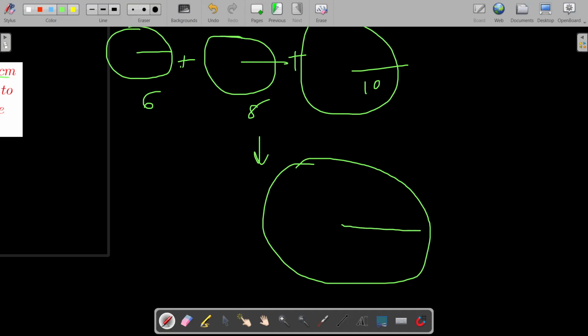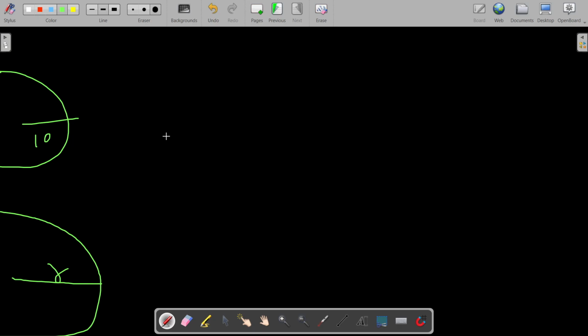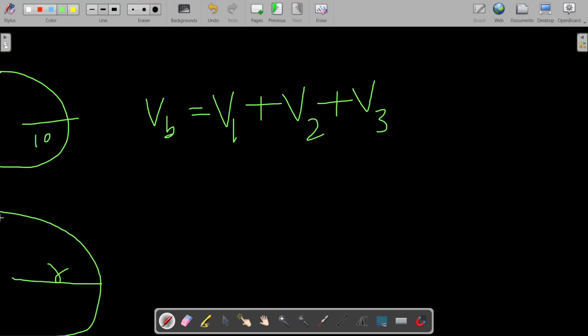Let's call its radius R. What we are doing here is converting the volume of these metallic spheres into the volume of the big sphere. To write the equation, the volume of the big sphere is equal to the volume of sphere 1 plus the volume of sphere 2 plus the volume of sphere 3.